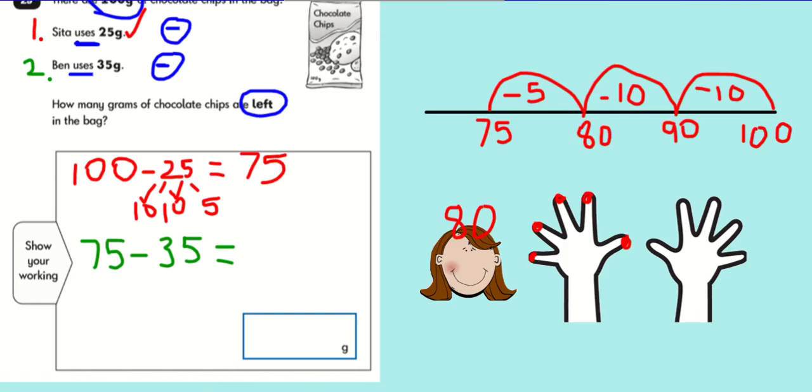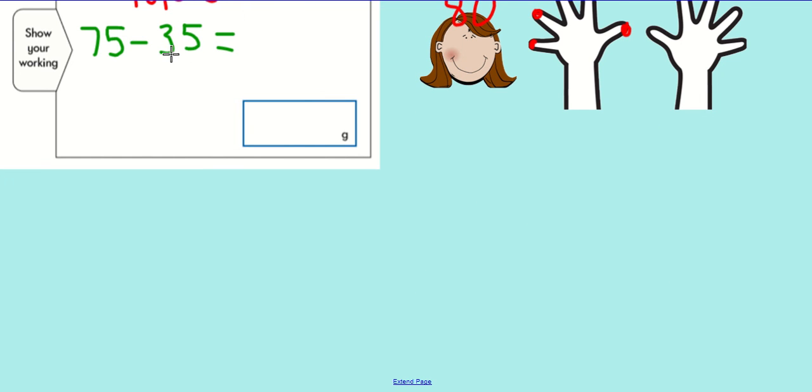Okay. So just as we did before, children, we're going to use a number line because we're taking away a 2-digit number here. So that's our best method. We've got our number line. We're going to put our largest number on the end so that we can count back. I'm getting really good at this, aren't you?